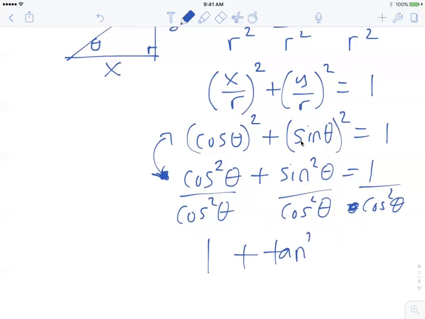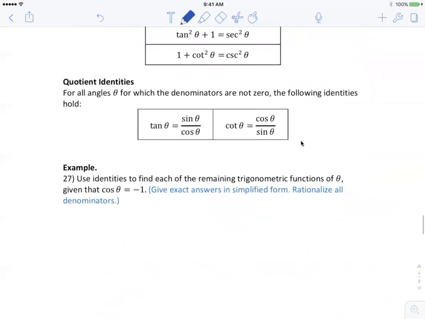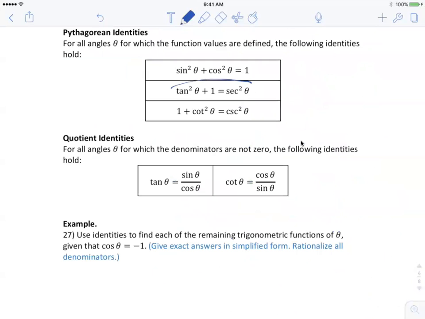I guess I should have shown you that one first. And then 1 over cosine is that reciprocal identity. 1 over cosine is secant. All right, so 1 plus tangent squared is equal to secant squared. That's this one right there. And then you can get this one in a similar way by just dividing everything by sine squared.